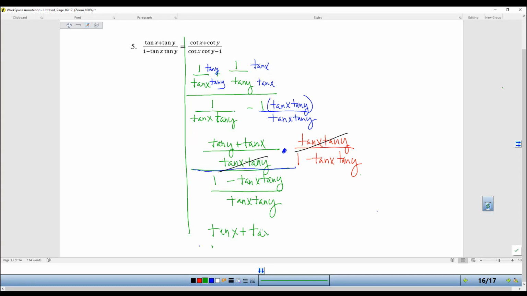Plus tangent of y, all over 1 minus, this times this is gone, tangent of x, tangent of y. Which is exactly what the other side was. It wasn't even as long as the last one, even though it looked much harder.